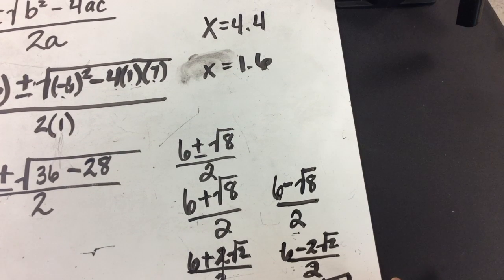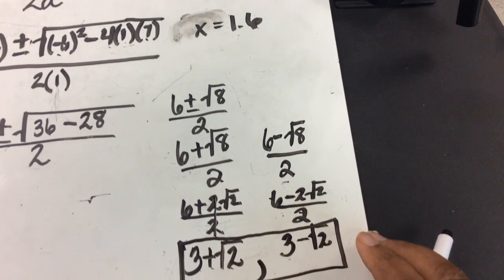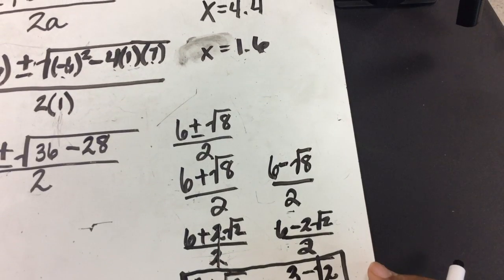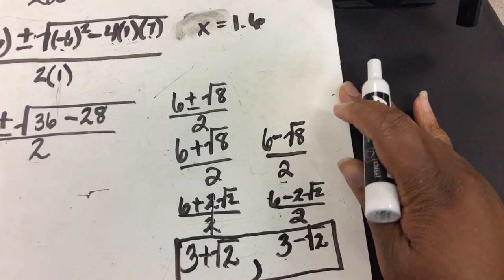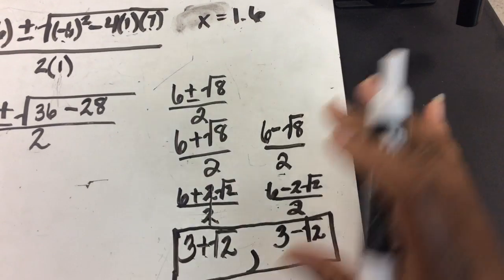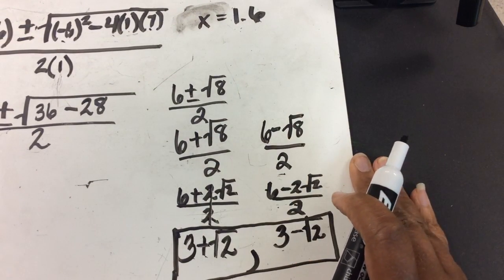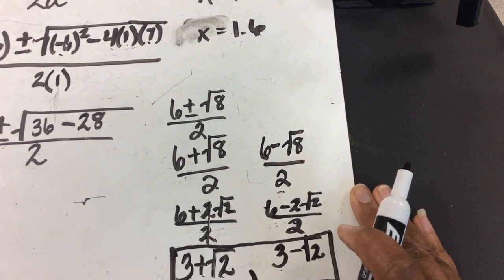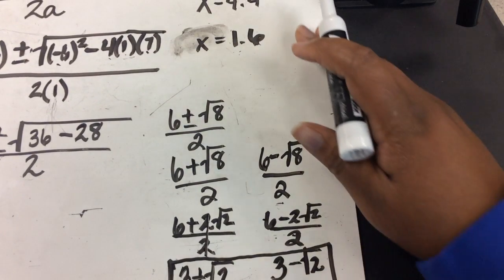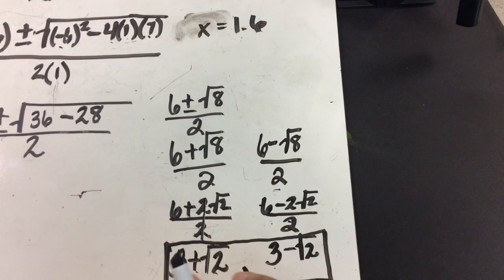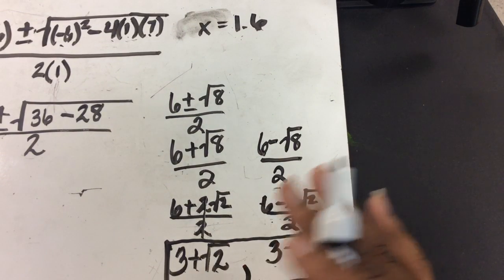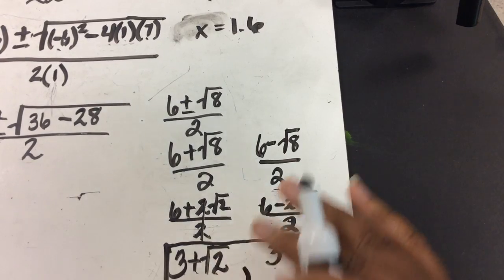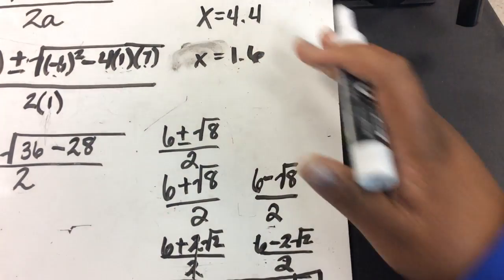I know that looks complicated, and you're probably thinking the calculator is the better method. And you know what? You're right. Either method will work for me. But if you can simplify it like this, it would be beautiful. If you notice that our answers are kind of close, 3 plus the square root of 2 is like 1 point something, so 3 plus 1 point something is 4 point something.